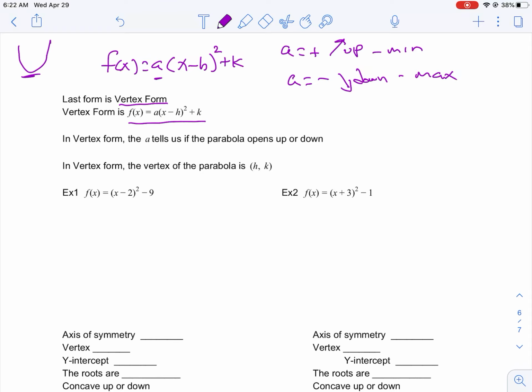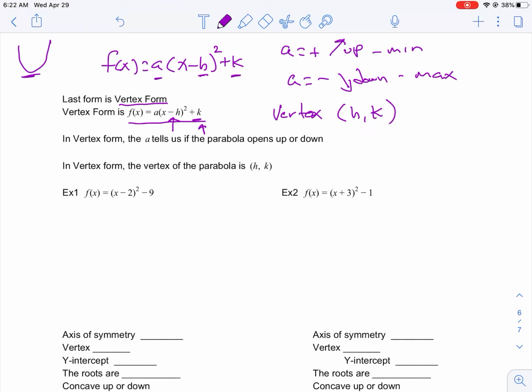The other thing is this h and this k tell us the vertex. Now notice the h, it says minus h in here. So anytime we take the h out, we always take the opposite of it. And the k says plus k, so we always take the k. So really, we can find the vertex by just h, k, that point.